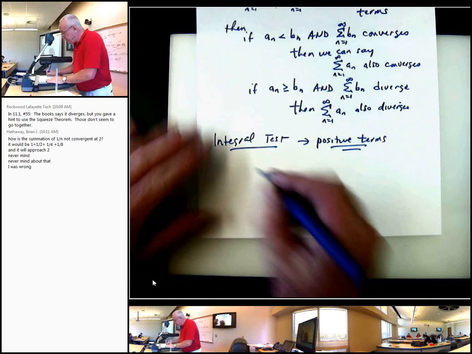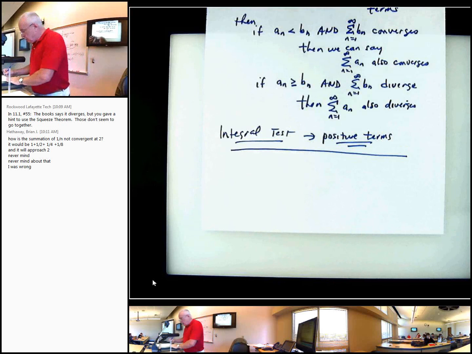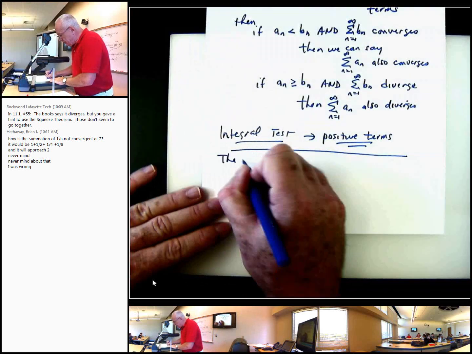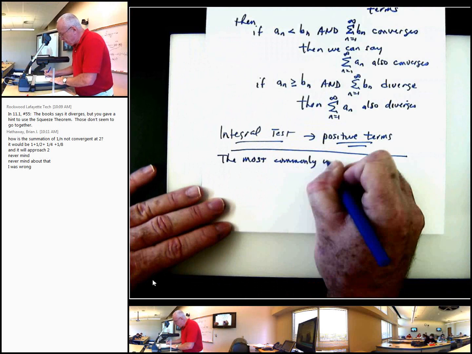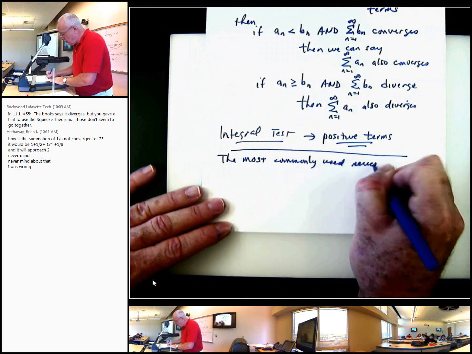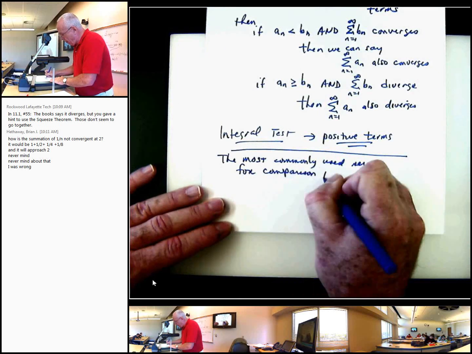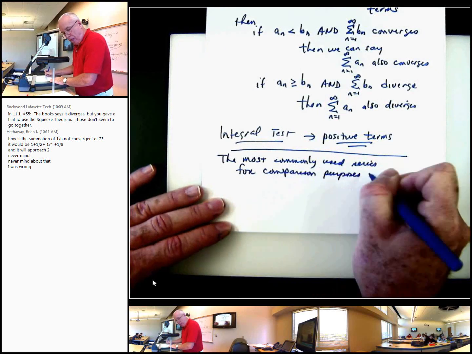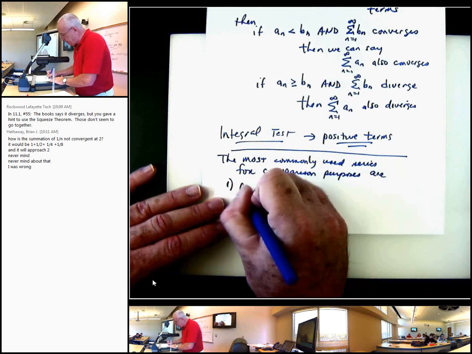First of all, I want to state this. What we're going to compare this to are the things that we know are convergent or divergent, all right? And there are two main series types that we have looked at. So the most commonly used series for comparison purposes, well, one is going to be that p series that we just looked at.